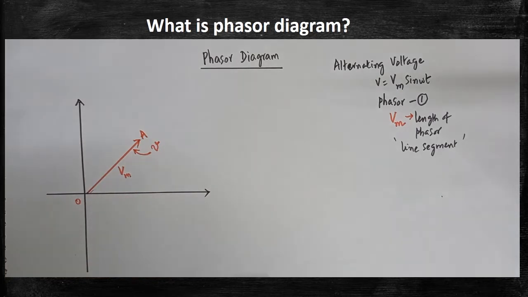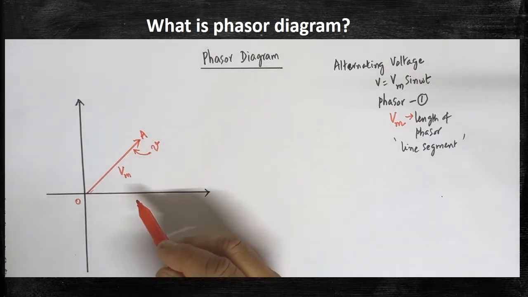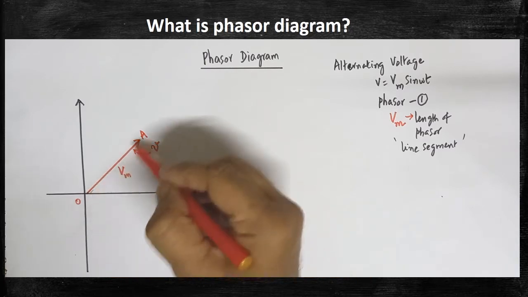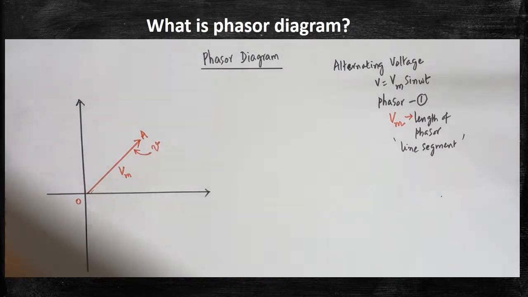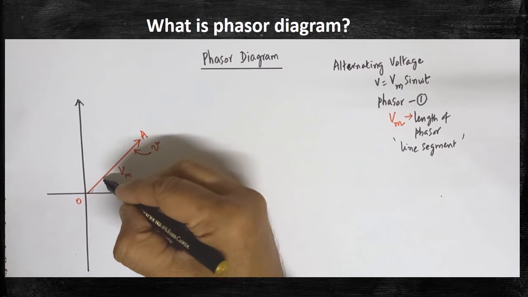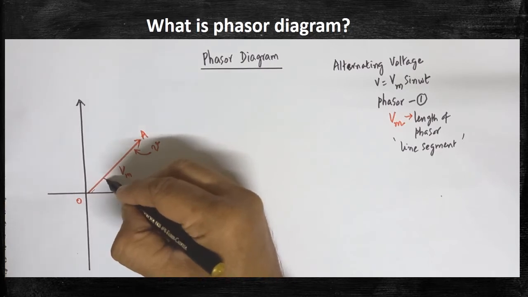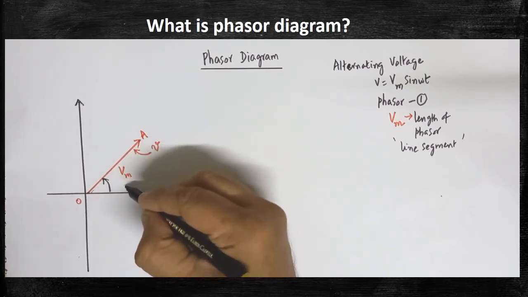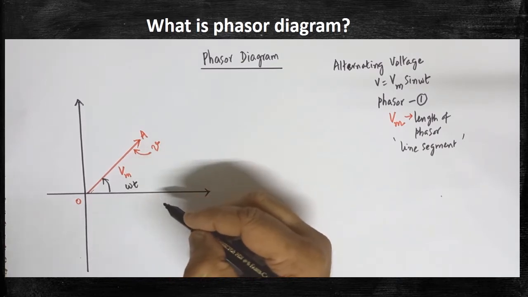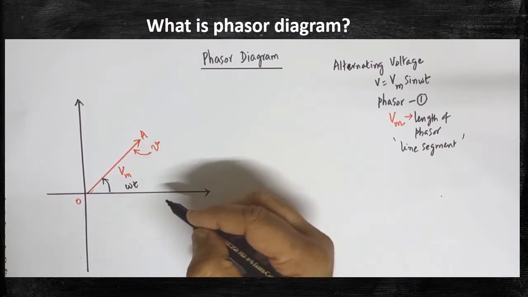Here, in between the x-axis and OA, there must be an angle. That angle gives you the phase. This is called the phase, omega t. That omega t gives the phase of the applied voltage.